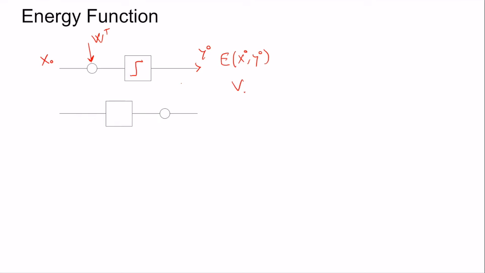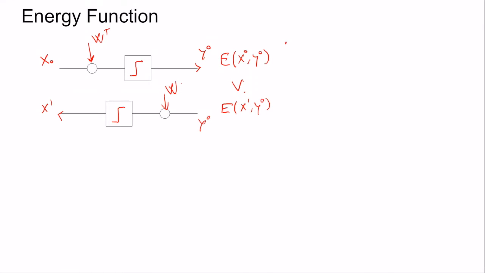If I pass this through my network from the opposite side, I multiply by W, calculate the activations, and get a new value for my inputs, x1. And then the energy at this new point, x1, y0, should be smaller than the energy at the initial state. That's basically the idea.